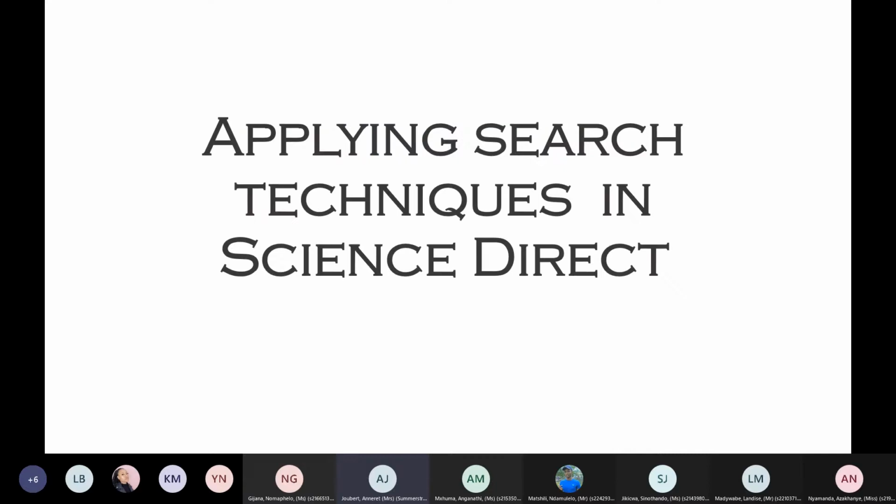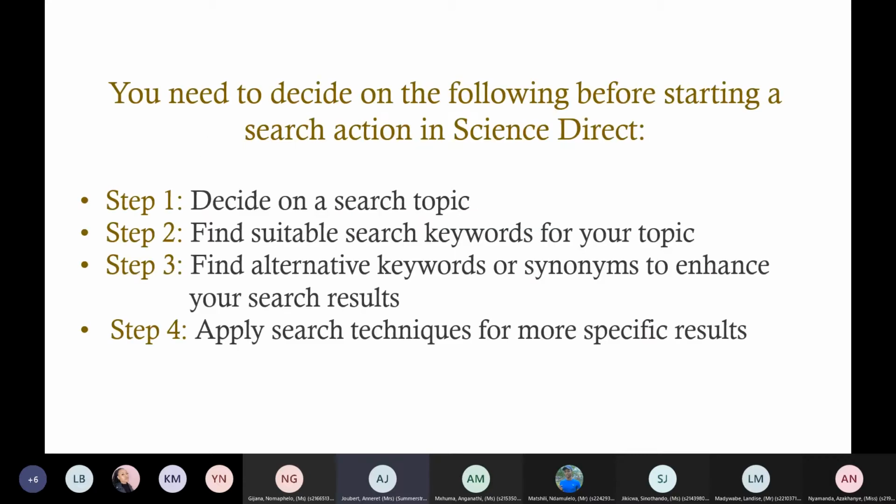Okay, so when you do research, there are certain techniques that you can apply. But first of all, you need to follow these 4 steps before you start any search. The first step would be to decide on a search topic.